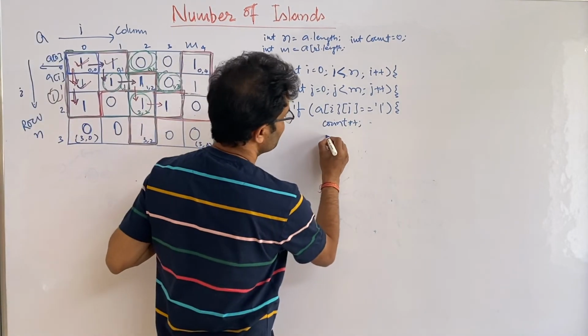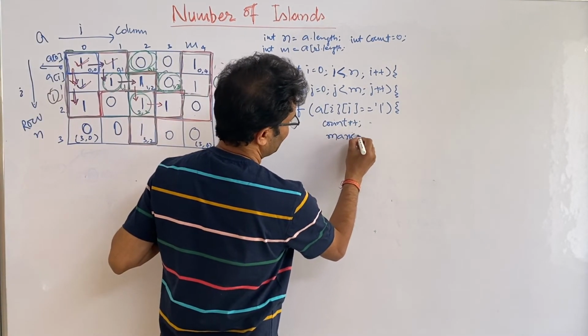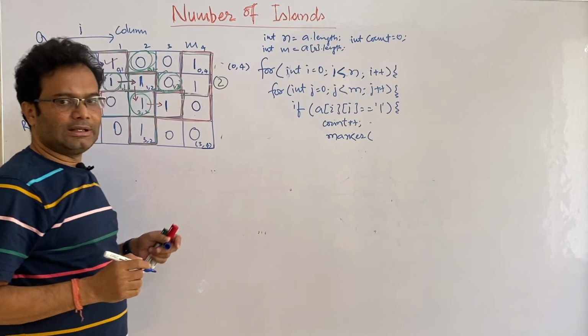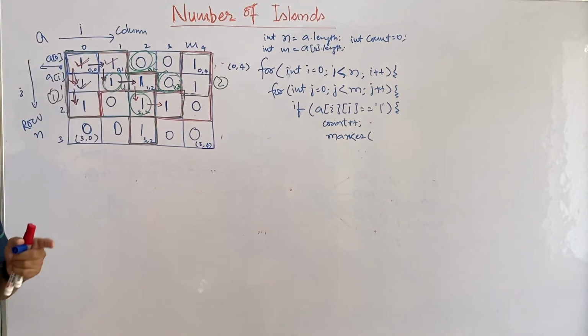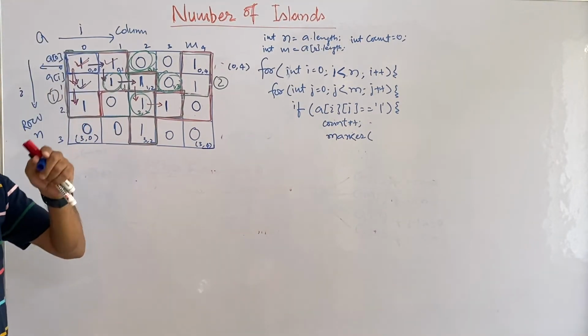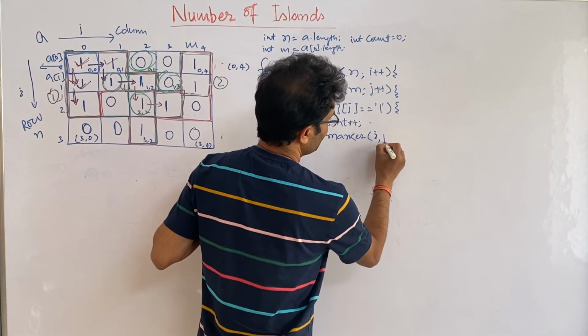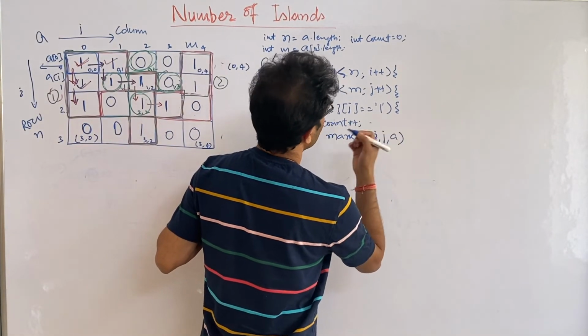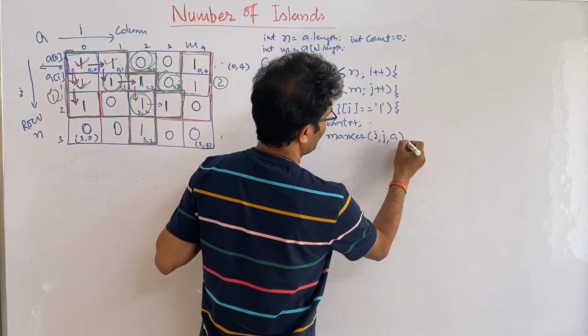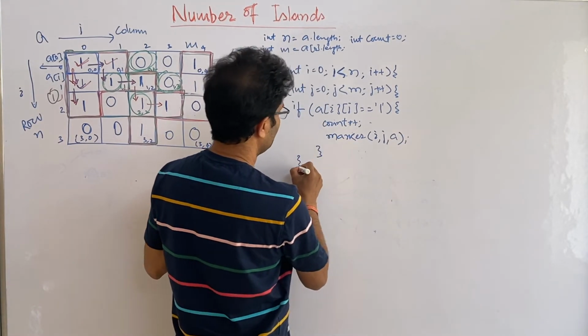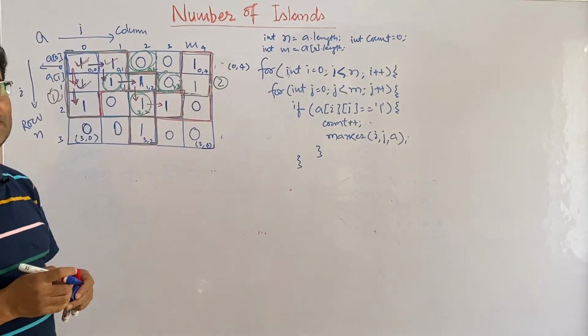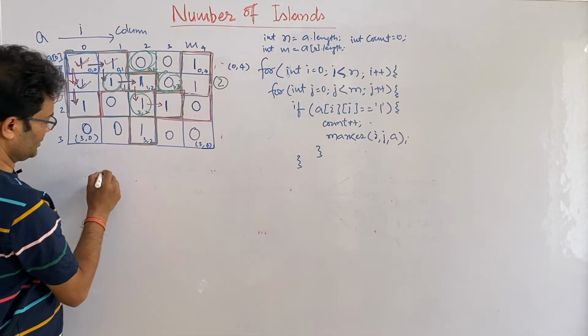That method name is marking or marker, anything. It will mark the visited also, and it will find out the neighbors also. Okay, so I will pass the i, j and A value here. That's it.